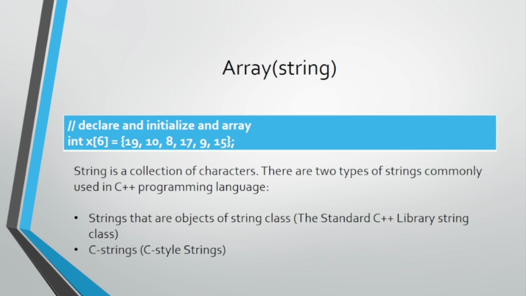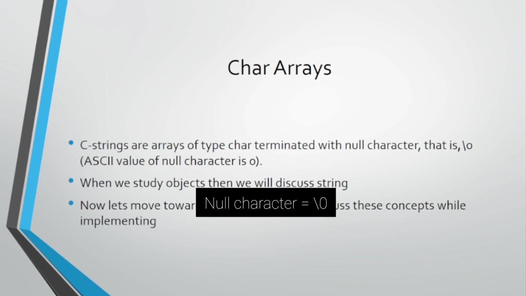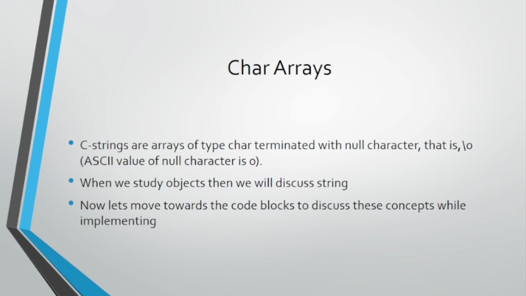And another concept is string object. But we will discuss the string object when we learn about objects and classes in OOP programming. For now, you just learn about C strings. C strings are arrays of type character terminated with a null character. Every string of characters is terminated with a null character.